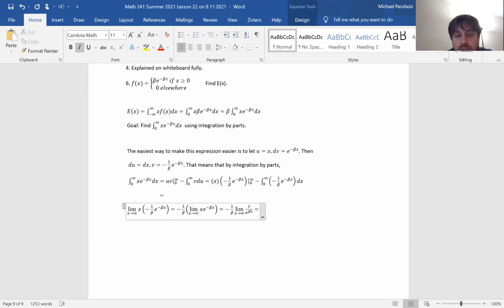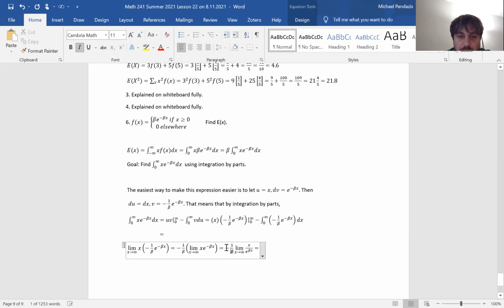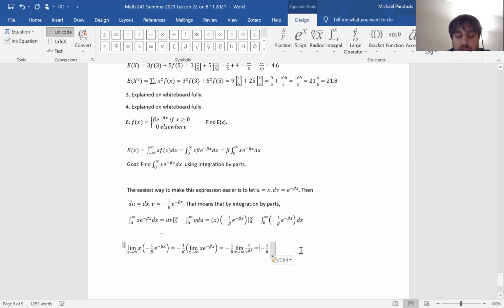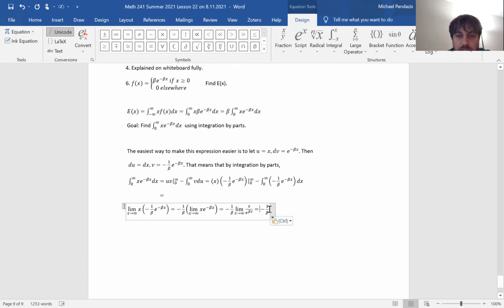Now if you take the limit of this over this, you end up using L'Hopital's rule in calculus. L'Hopital's rule tells you that the denominator is just increasing much faster than the numerator. But being specific, doing this rigorously, this is equal to the limit as x approaches infinity of 1 divided by beta e to the beta x.